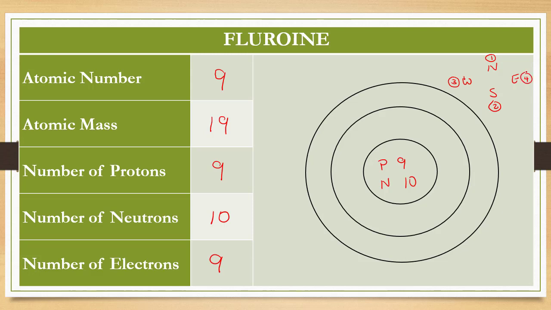Remember that energy shell 2, 3, and 4 can have a max number of 8 electrons. So once you've drawn your 4 electrons, you start to pair them up. So 5, 6, 7, and 8.